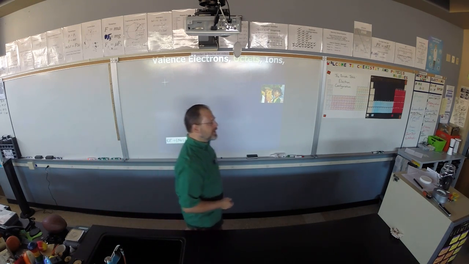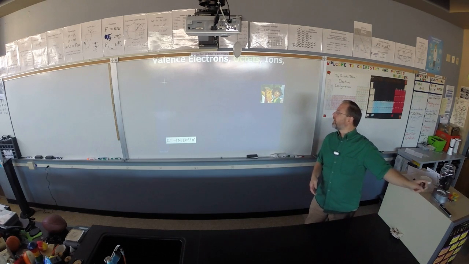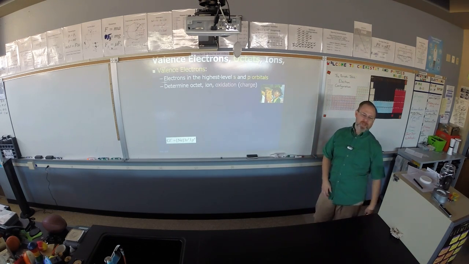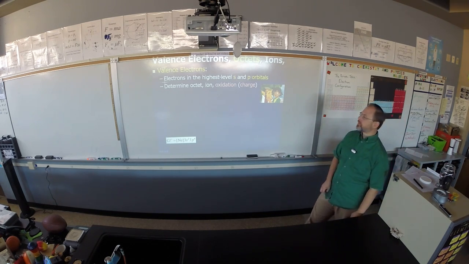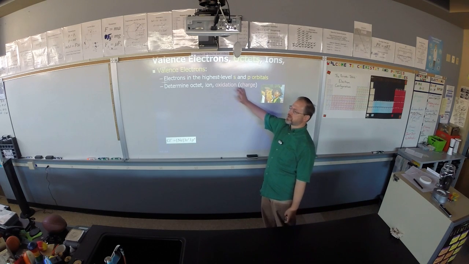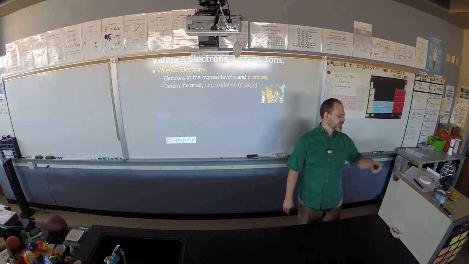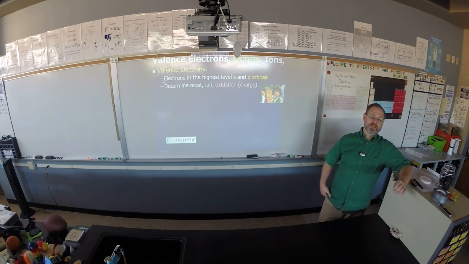Yes. Okay. So that's the basis of how things bond. The valence electrons are the electrons in the highest level. We'll talk about oxidation in the next unit. But just understand, the valence electrons are the electrons in the highest level. If you have 3s2, 3p6, it's the 3s2 and the 3p6.